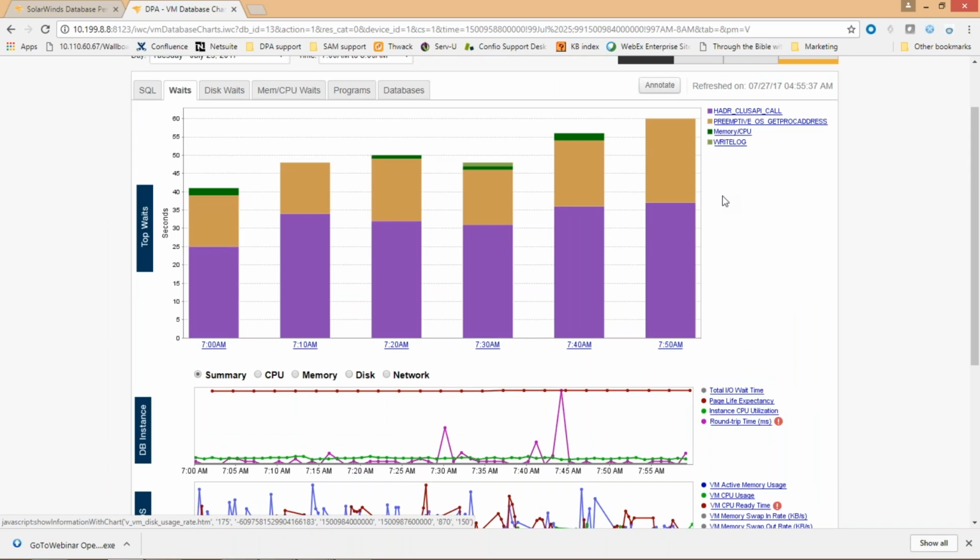Now, the HADR cluster API call could actually be impacted by slow disk, because if anybody's familiar with AGs, during the replication process, once we have our transaction logs committed and everything's written to the transaction log, that will get propagated out to any other AG replicas out there.